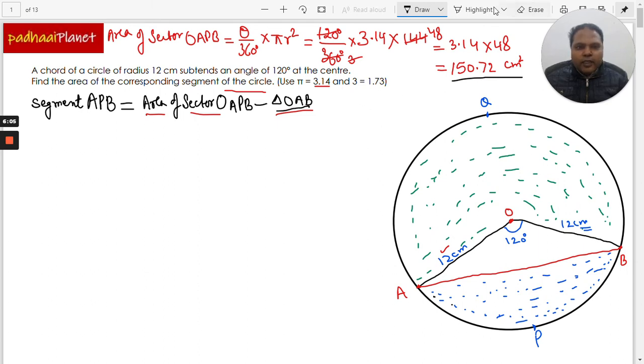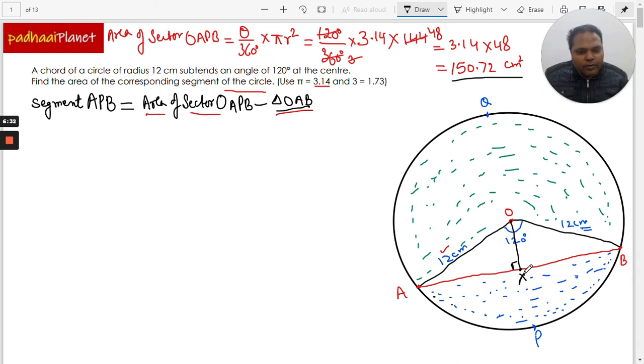Now to do that, we will first drop a perpendicular from the center O onto the chord AB, and we know that whenever there is a perpendicular from O, the center of the circle, on the chord, then this perpendicular will divide the entire chord into two equal parts.